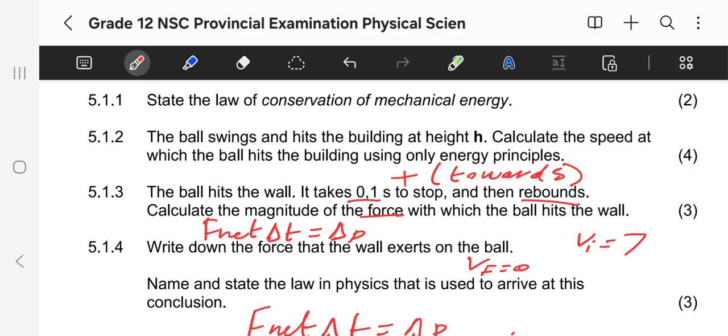But in this case, direction is going to be important as well. Remember I said towards the wall we have to go positive, so away from the wall we have to go negative. If it rebounds, it's now moving in the other direction, away from the wall. So away from the wall we would go with negative, so that means the initial velocity will be negative and our final velocity will be 0.